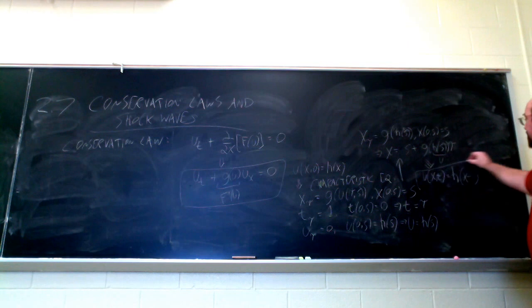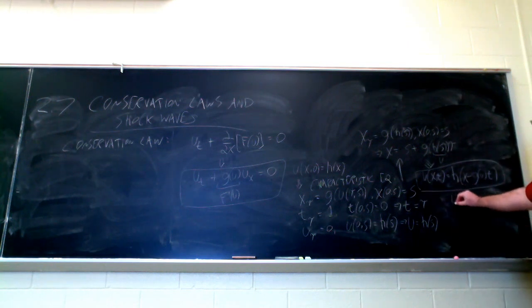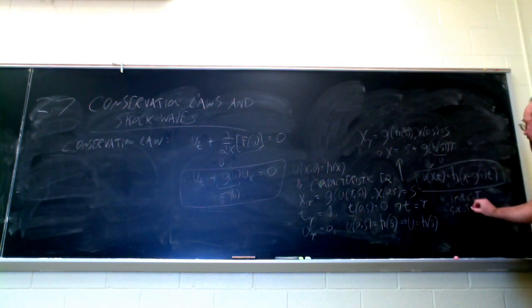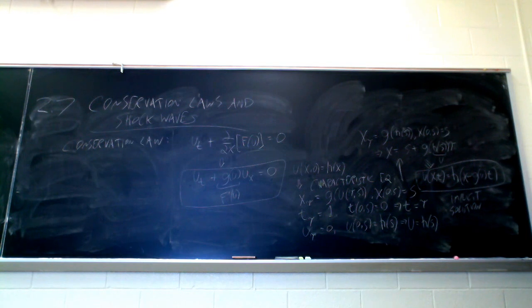So this is at least an implicit form. We have our solution. You've seen things like this in certain homework problems. Generally it's not possible to rewrite this to say u equals something, but in certain cases you can.